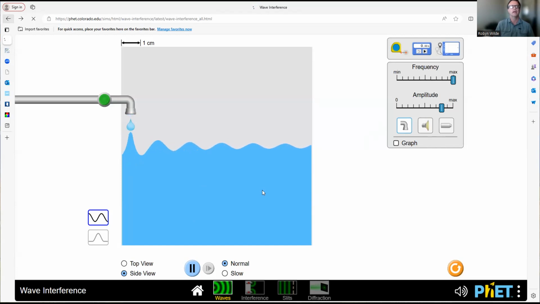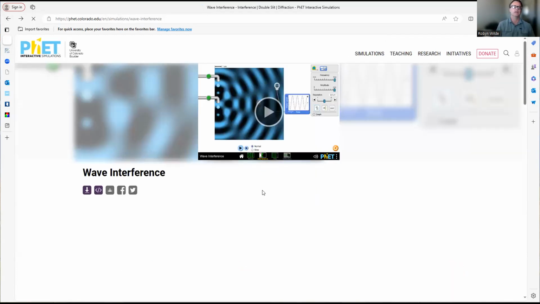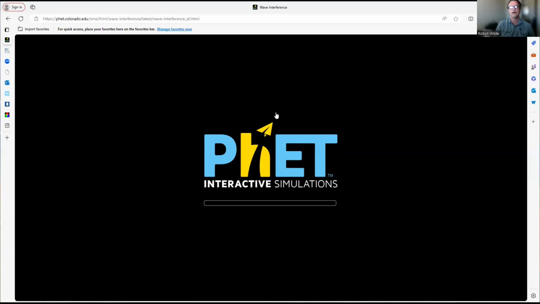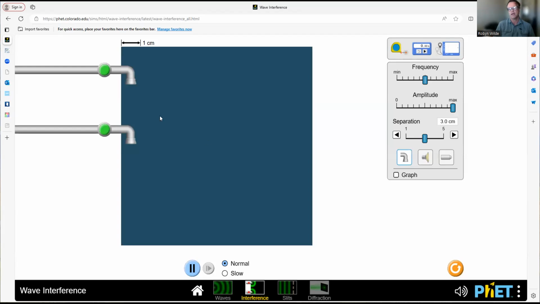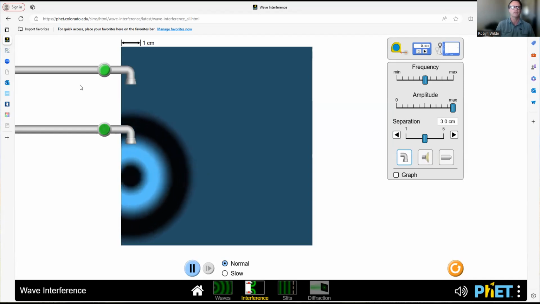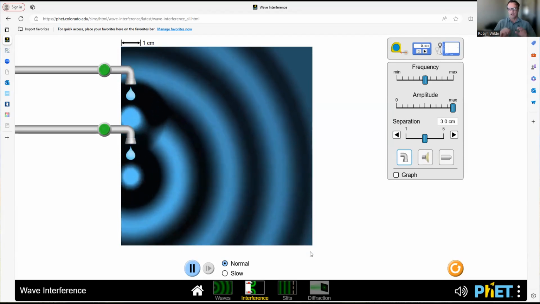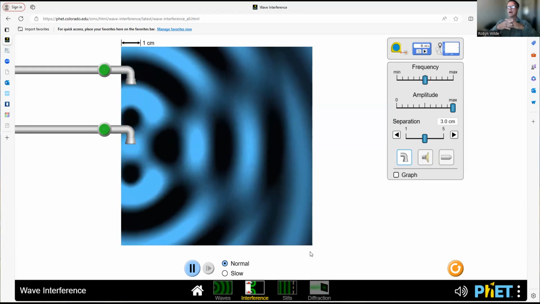One thing I want to show again is the idea of interference, and then we'll do some mathematics of it. When you have two waves, they can add together, and that's the idea of interference. So now I've got two water spigots, and I'm going to turn them both on. I get my first wave, and then my second one, and as they propagate out, they overlap.